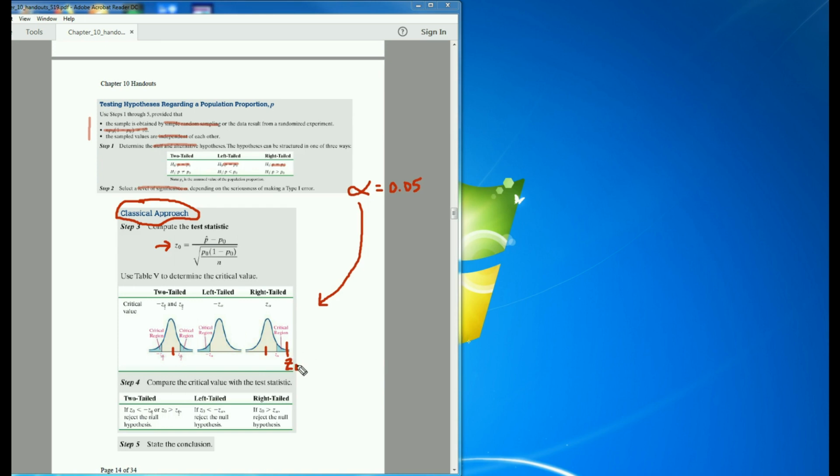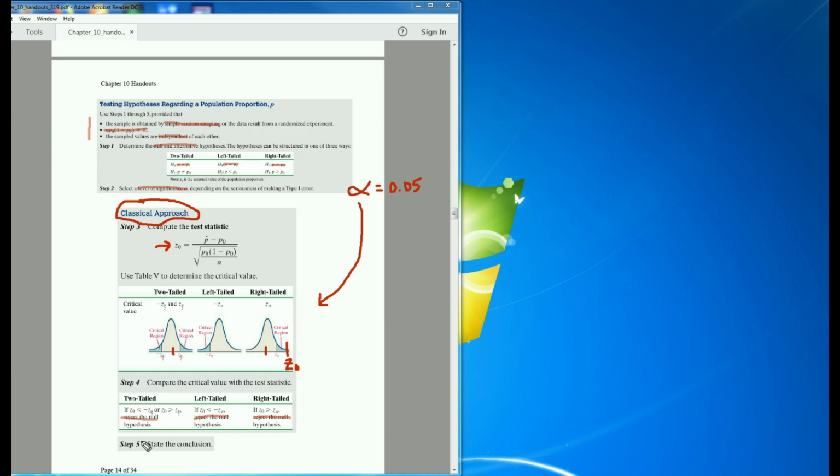So you would say, this value can't be correct because my sample data is saying something else. I reject this number. So if your test statistic is outside the critical value, in the critical region, then in all cases you would reject the null hypothesis.